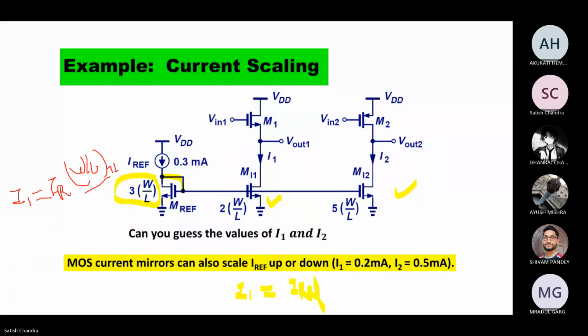It means 0.3 divided by 3 into 2. It means that is going to come like this, and similarly for the particular current across this particular region. This is how we can do the scaling of the current.